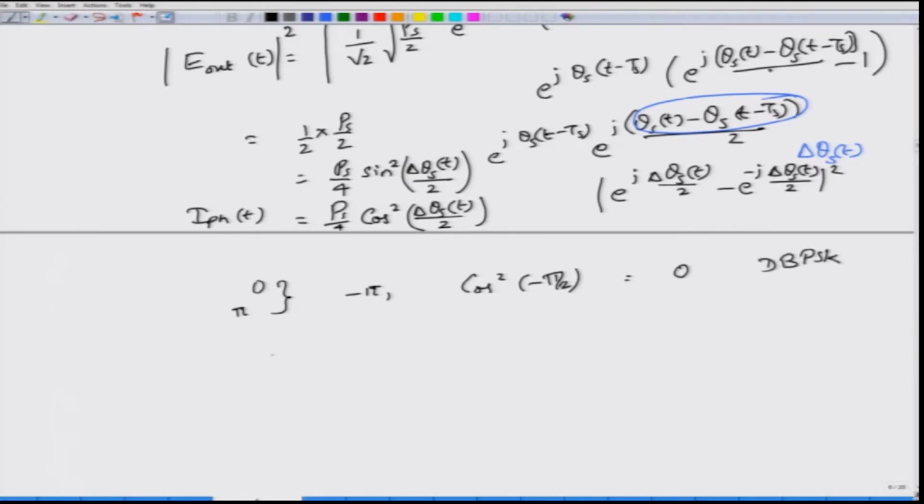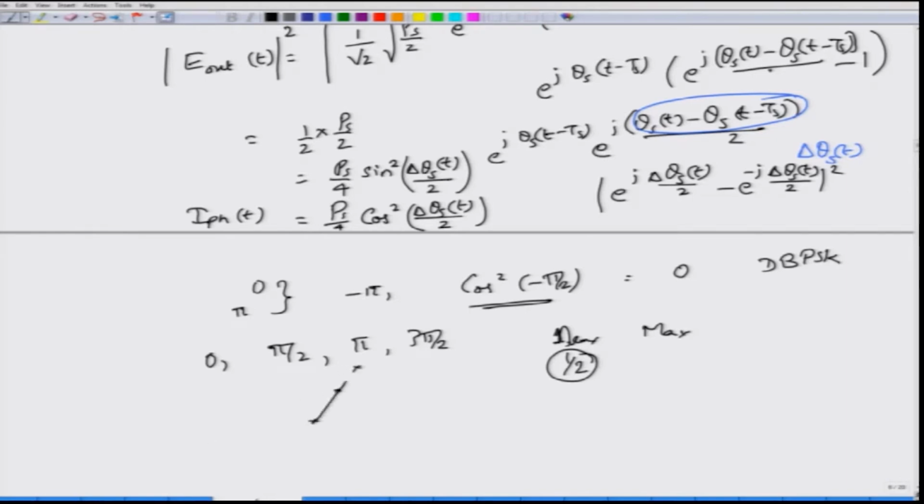If the phase differences can go to pi by 2, right, then there will be a change in the amplitude level. So if the phase differences can be 0, pi by 2 or pi or 3 pi by 2, then the corresponding amplitudes would be say maximum. So you get a maximum for pi and 0, and for pi by 2 you get cos square of pi by 4, which is half. So your signal level goes through minima, half and a maxima.